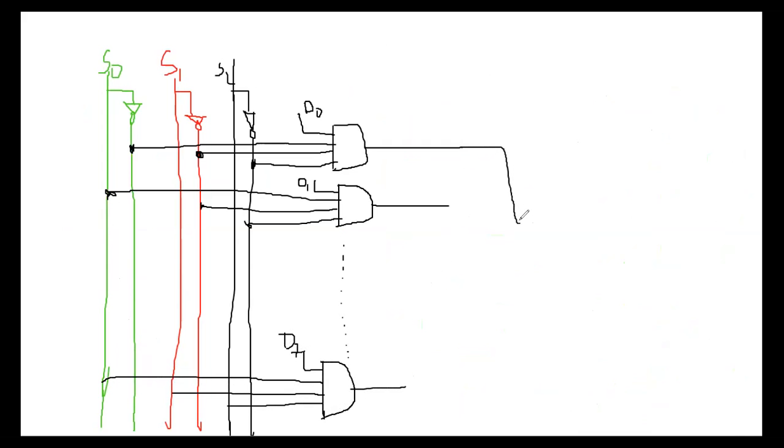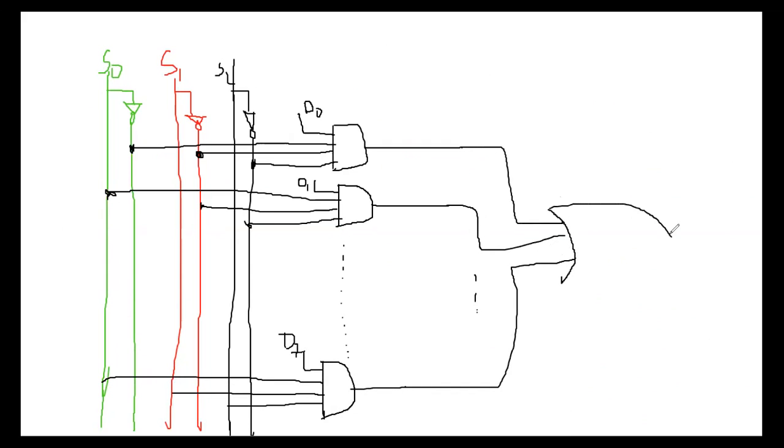Now all the outputs you are getting from the AND gates are connected to the OR gate, to get the output Z is equal to.